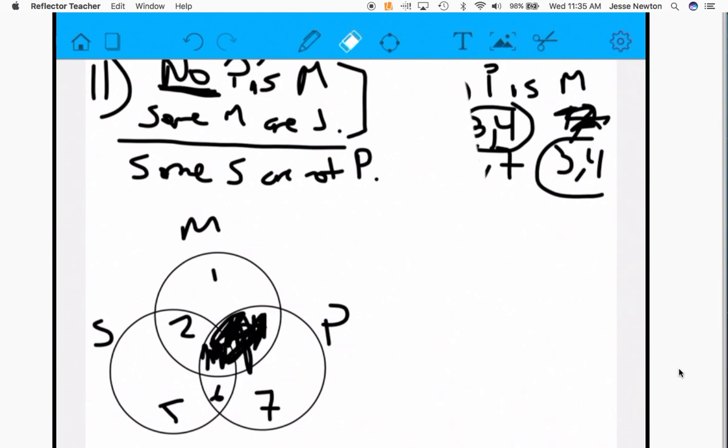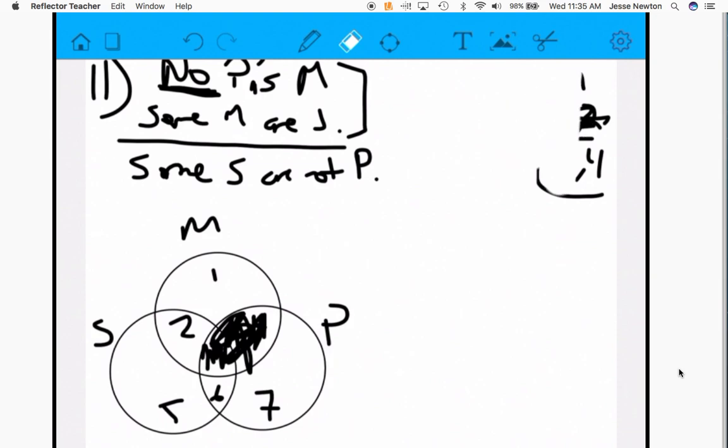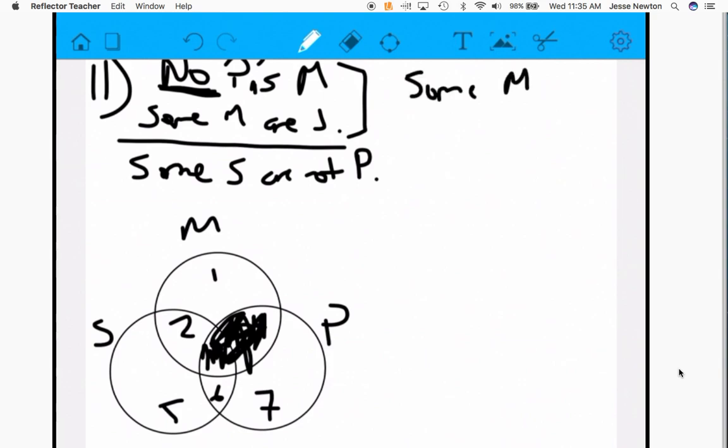All right, now we come to premise number 2. Some M are S. Just out of curiosity, what is the mood of this? It is E I O, and it is figure 4.